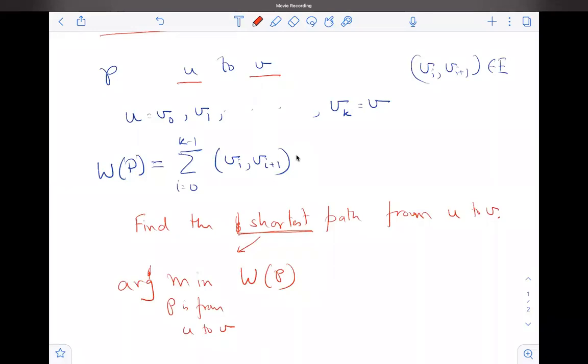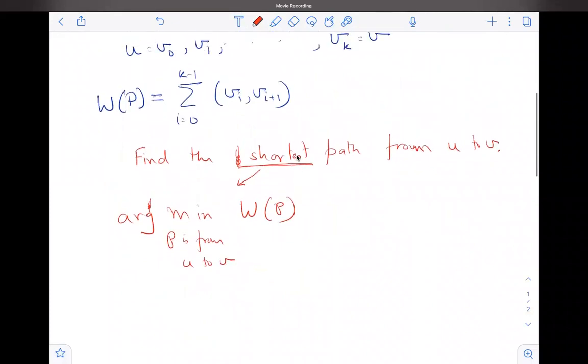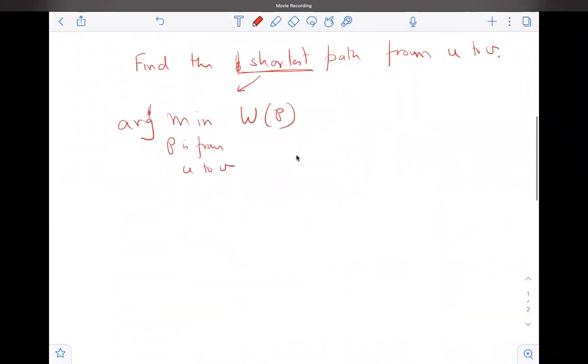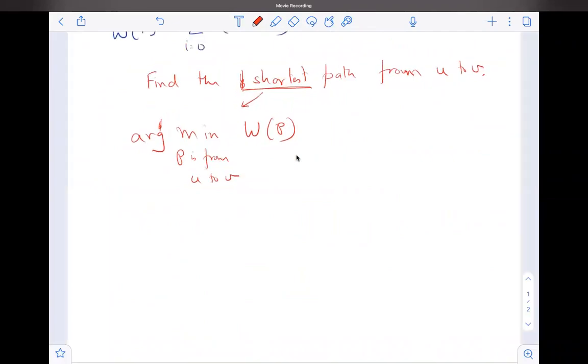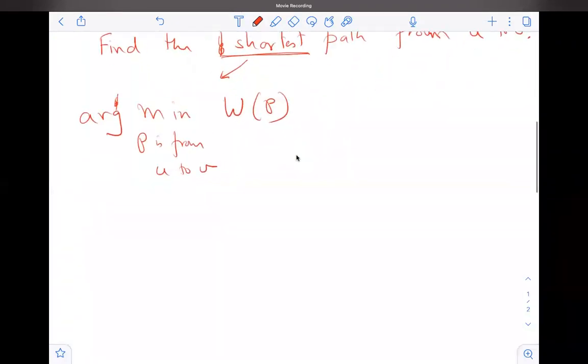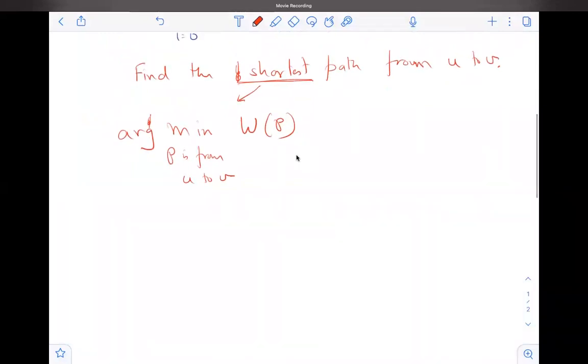If that's not the case, then it will not be a minimum spanning tree, right? Okay, so think a little bit more. You are saying that you will first find a minimum spanning tree, and that minimum spanning tree will give you the shortest path between any two vertices. That's what you are saying.